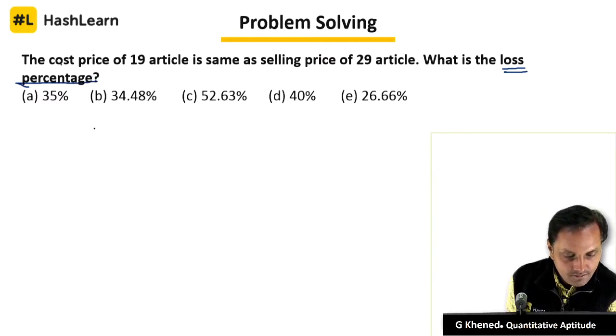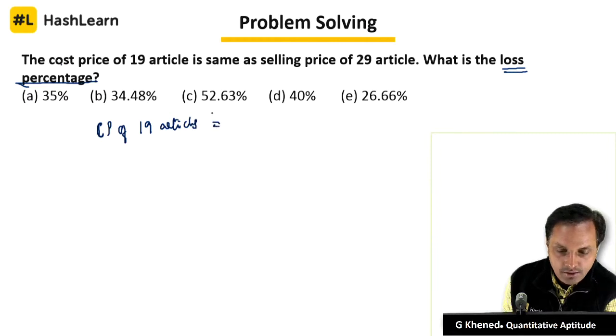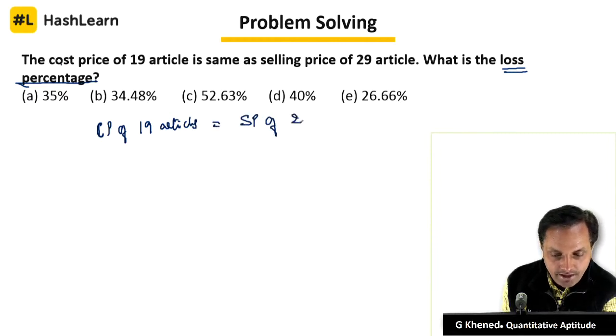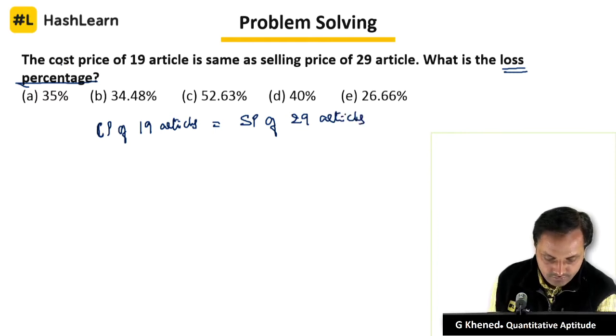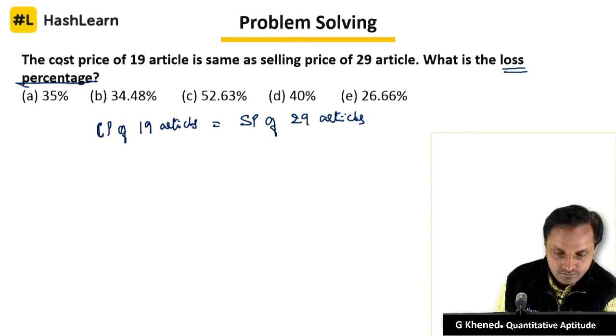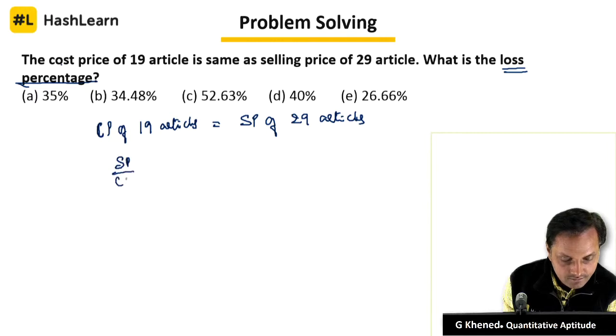Cost price of 19 articles is equal to selling price of 29 articles. So what is SP divided by CP? SP by CP will be equal to 19 divided by 29.